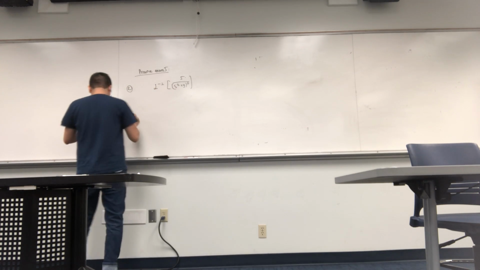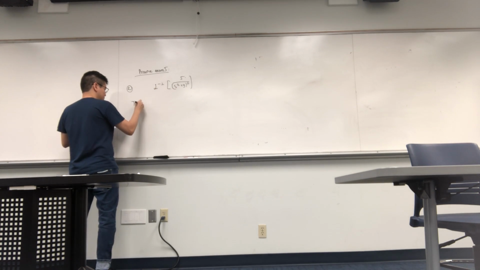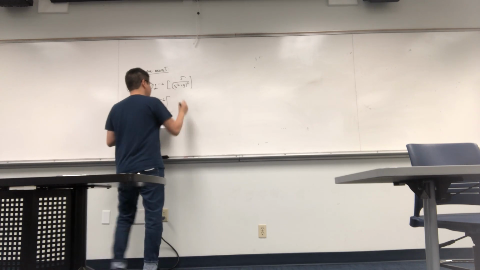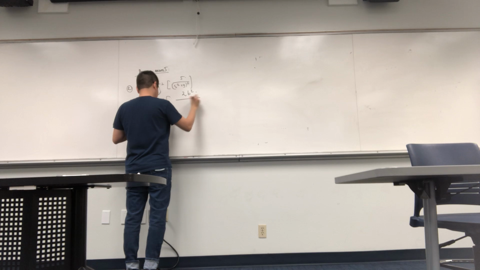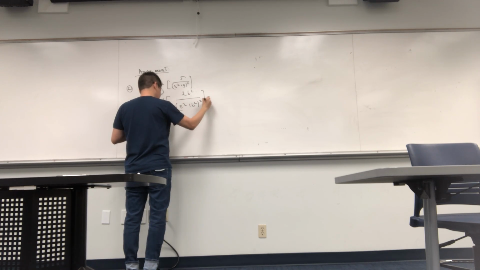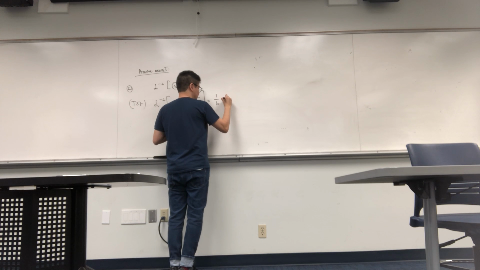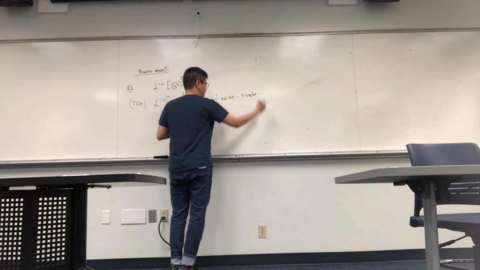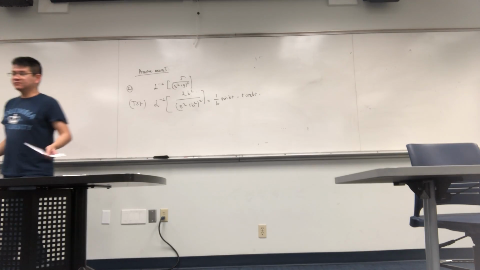So T27, what you have is the inverse Laplace transform of 2b squared over (s squared plus b squared) squared is 1 over b times (sine bt minus t cosine bt). All right, so this is T27.